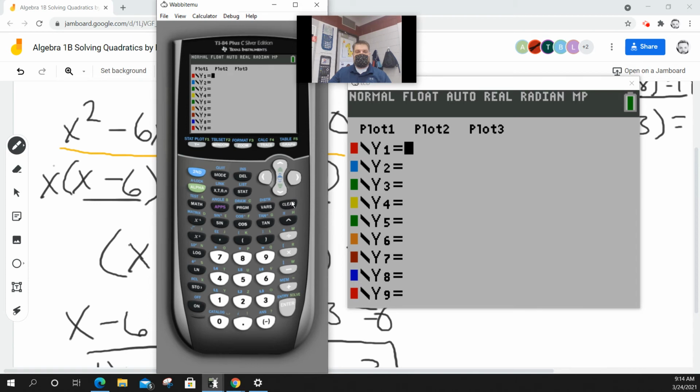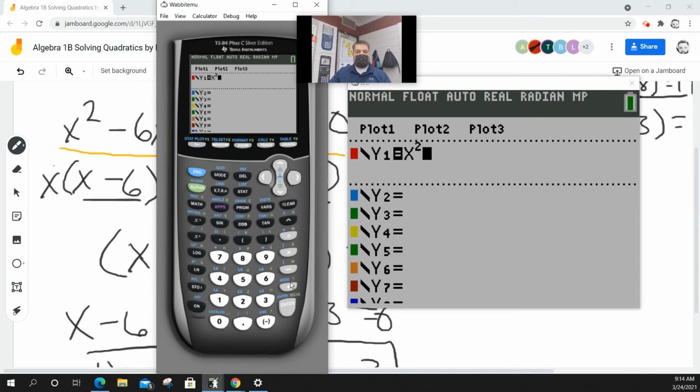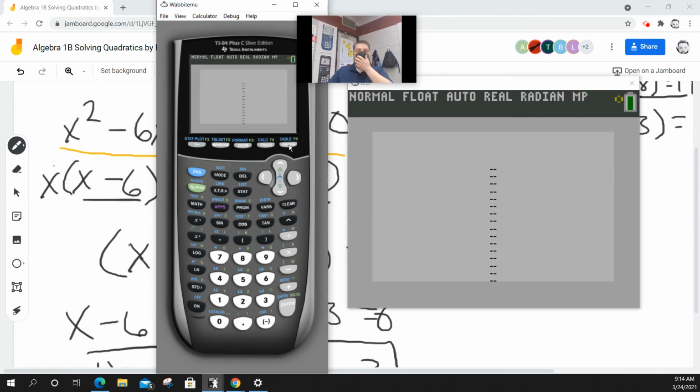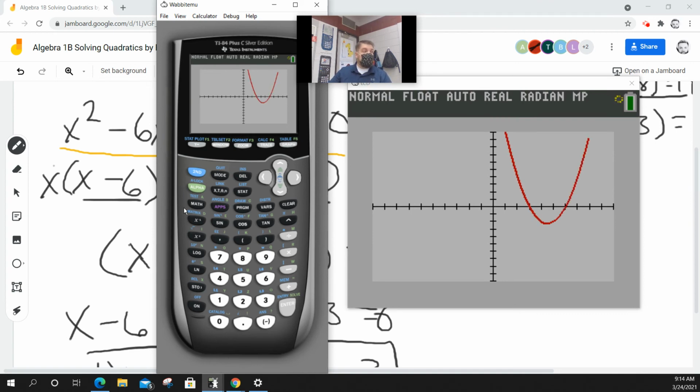Then I'm going to clear this one out. And I'm going to say x squared minus 9x plus 18. Where should this thing cross? It should cross at 3 and 6. And it does.